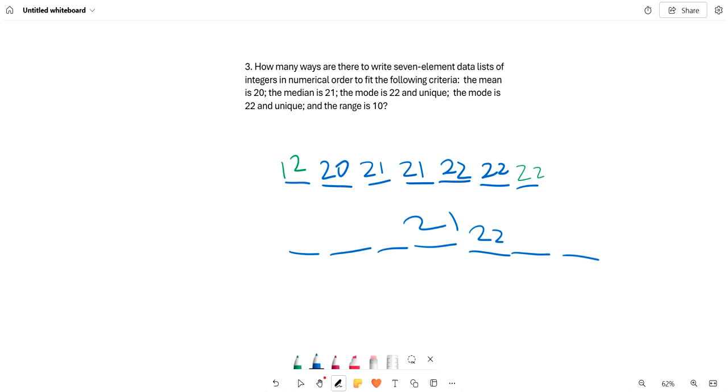where this is 23, not 22 anymore. So now we know that everything has to be distinct except for these two because it's a unique mode. So everything has to have one of it. So we already know this is 13. And the mean is 20, so these two have to sum to 39.